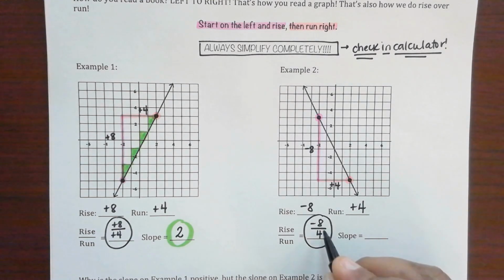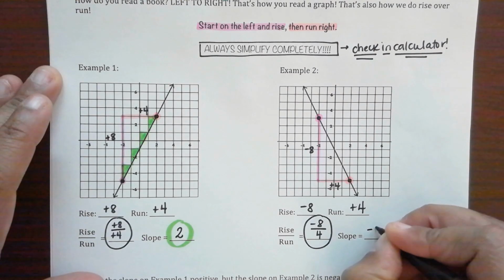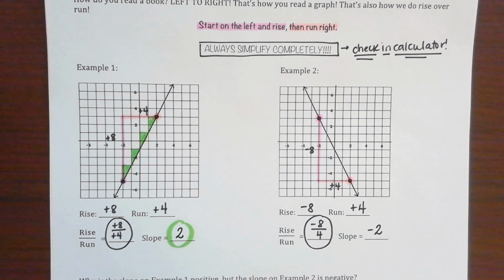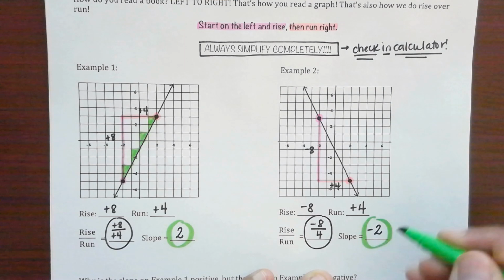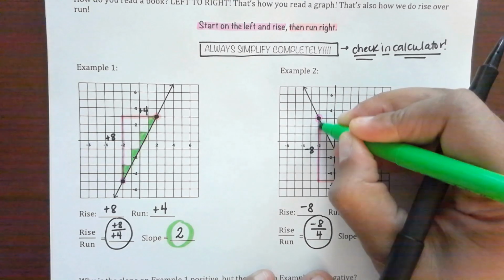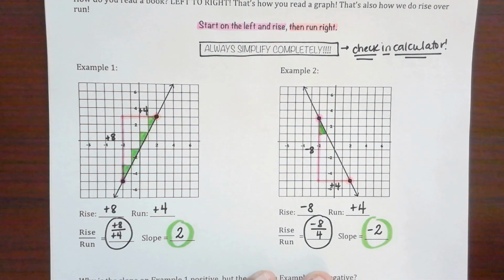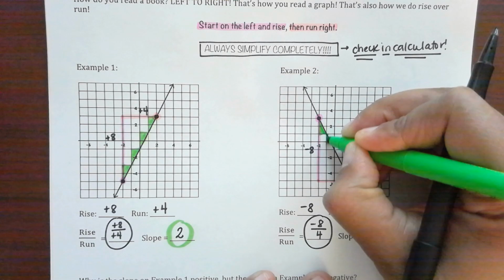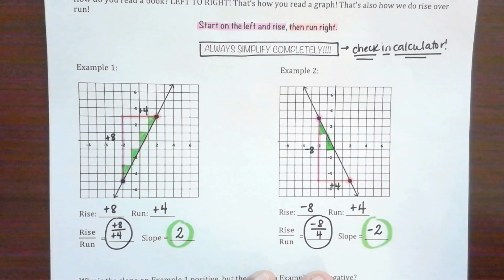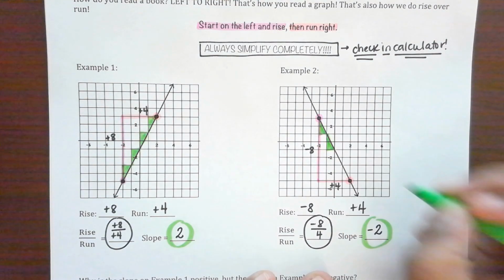So, did this simplify into negative 2? Because you're dividing, not subtracting. So, this negative 2 is shown if I start here and go down 2 and 1 to the right. Do I see a triangle that hits? If I go from that point down 2 and 1 to the right, do I see another triangle?